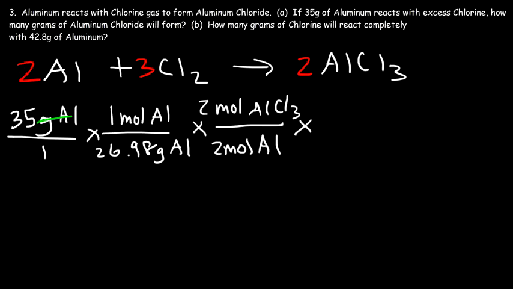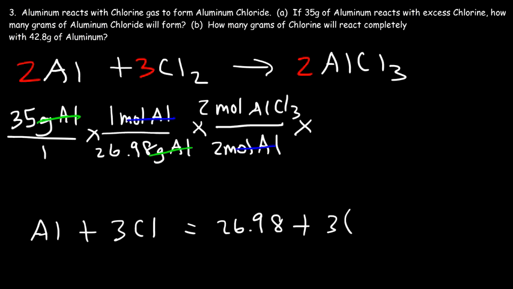Now the last thing that we need to do is we need to change from the moles of AlCl3 to grams. So we got to find the molar mass of AlCl3. So we need to add the atomic mass of one aluminum atom with 3 chlorine atoms. So this is 26.98 plus 3 times the atomic mass of chlorine, which is 35.45.